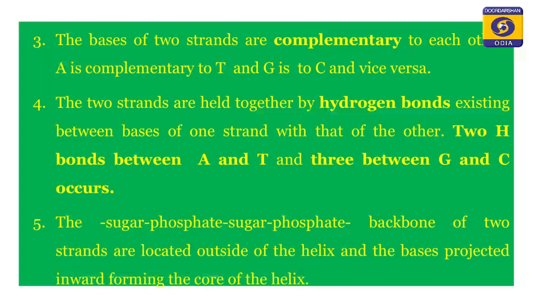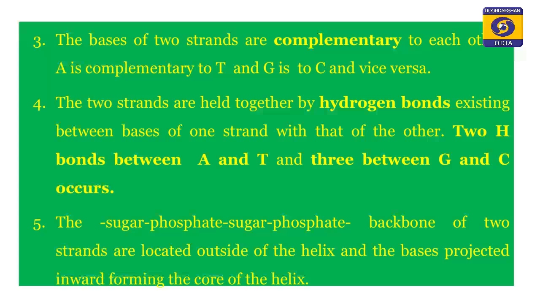Then the 2 strands are held together by means of hydrogen bonds. This is key to many aspects. Adenine hydrogen bonds with thymine by means of 2 hydrogen bonds. Guanine pairs with cytosine by means of 3.